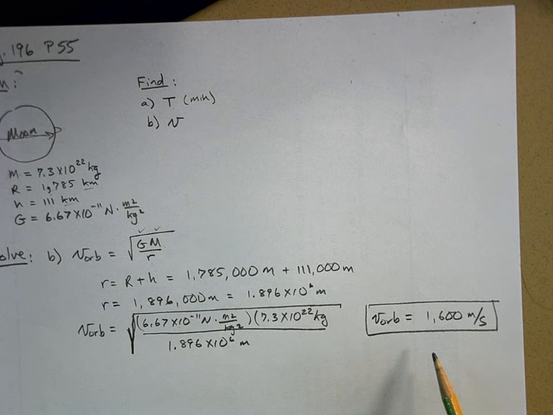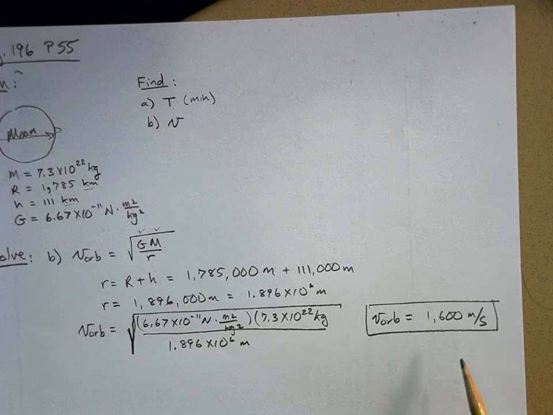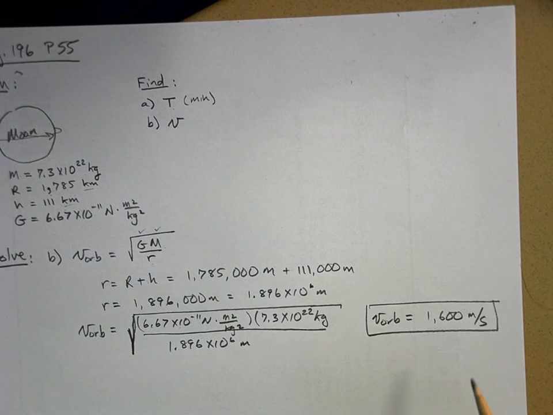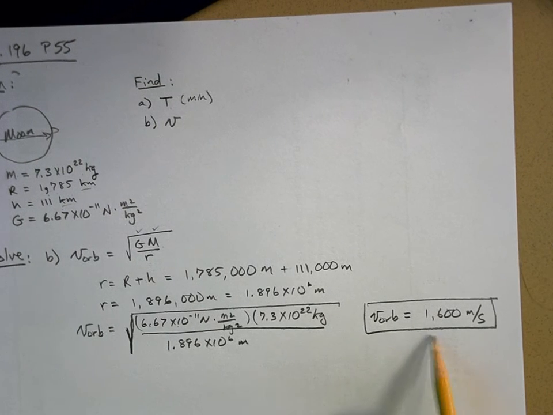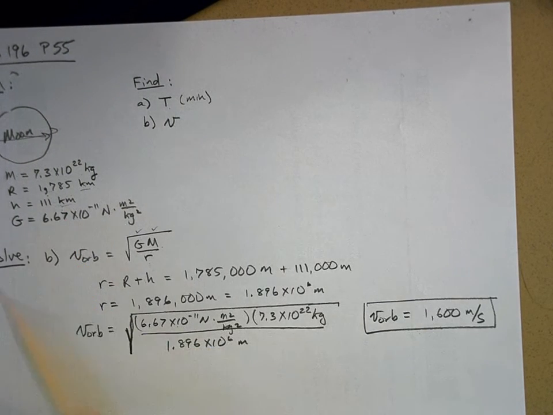But if you're in orbit around the Earth, you're going 5 miles per second. So the moon has a much lower mass, so its gravity is not as strong. So you don't need to go as fast to be falling around the moon as you need to go to fall around the Earth, because this is how fast you need to go at this height above the surface to fall around the moon. You're falling continuously around the moon.